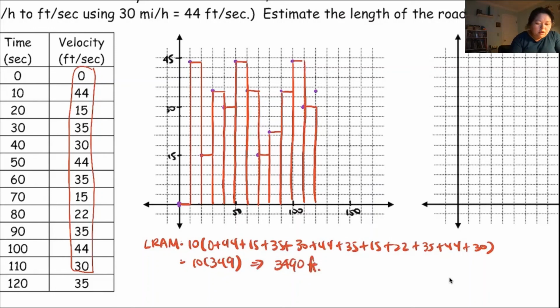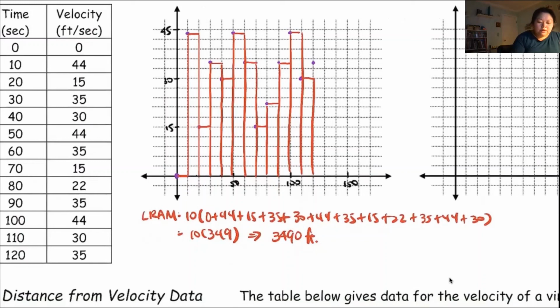Okay, now again, why do we need to do the RRAM? Because if you recall, this may not be the best estimation, right? If you look at the previous example we were doing, an LRAM and RRAM could be over and under. We don't know which one. So if you have two of them, you have the LRAM and RRAM, and you average it out, you actually get a better answer, right? So spend some time drawing that second one so you can get practice on drawing the rectangle. But for the mathematical part of it, the RRAM is going to be 10 times everything except the first one, right?